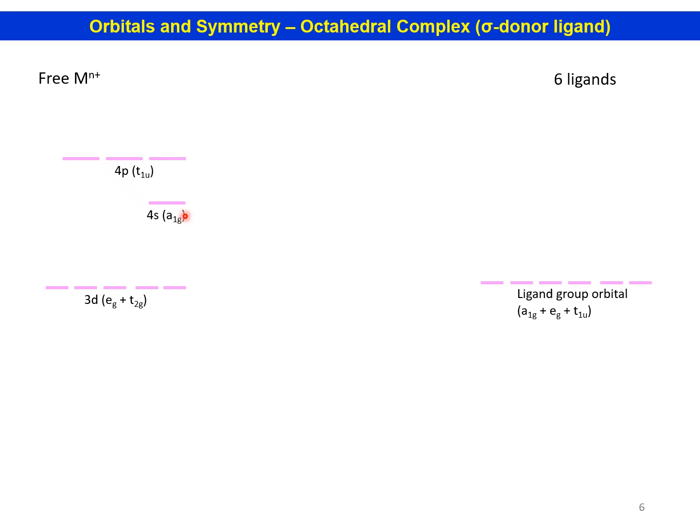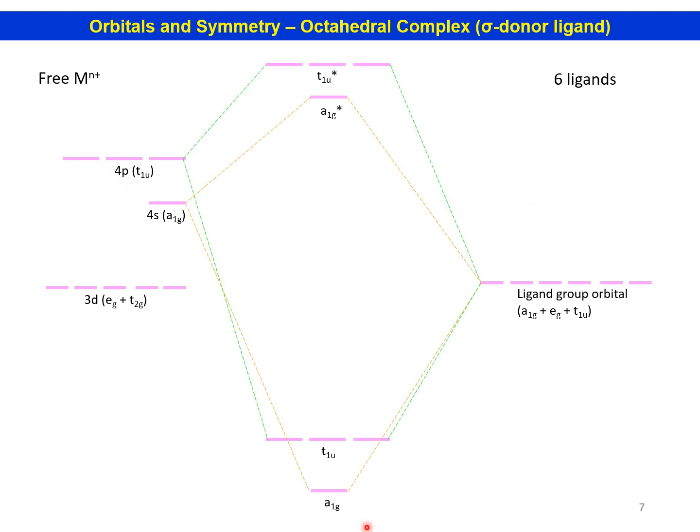When there is coordination, when there is bonding, when there is overlapping of orbitals, when ligands react with the free metal ion, the A1g, which is the symmetry for the s orbital, and the T1u, the symmetry for the p orbital, will be split into bonding and anti-bonding. Remember, before the overlapping happened, all of them are in the non-bonding state.